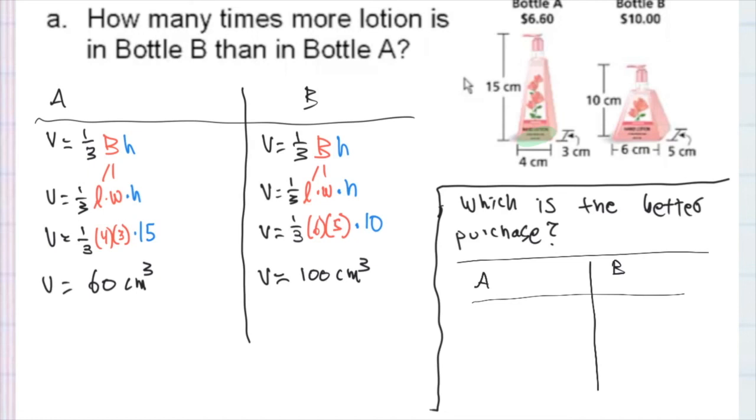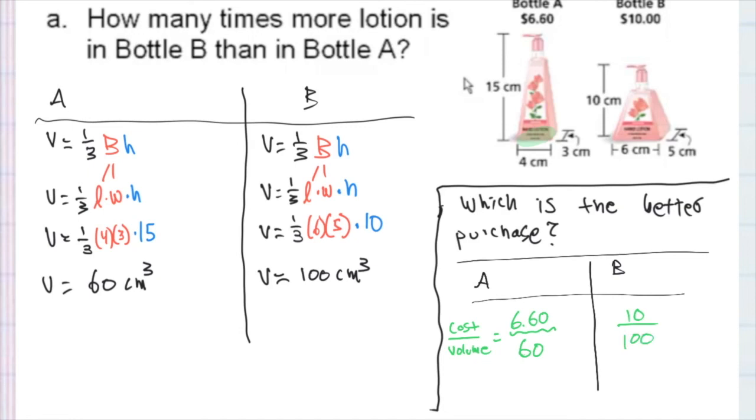Let's say the ratio is going to be the cost per centimeter cubed. So that means that for bottle A, it's 6.60 over 60. And for bottle B, it's 10 over 100.